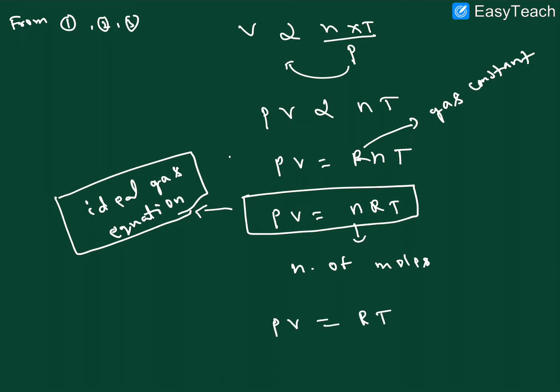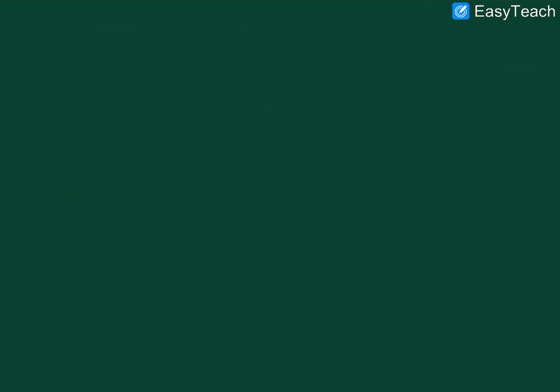Already we know the density formula: density is equal to weight by volume. So weight by volume can be replaced by density. What is the resultant equation? P is equal to density into RT by gram molecular weight.